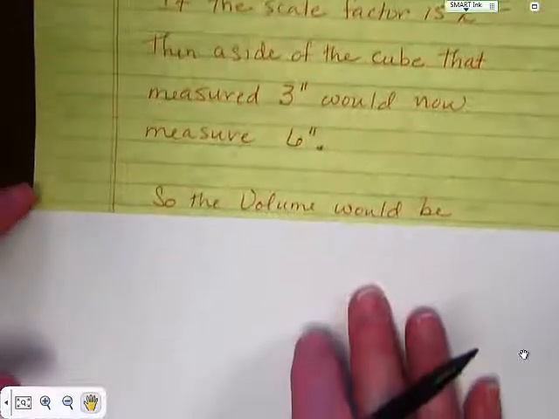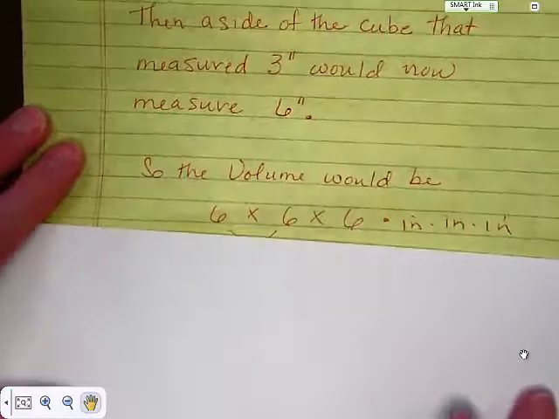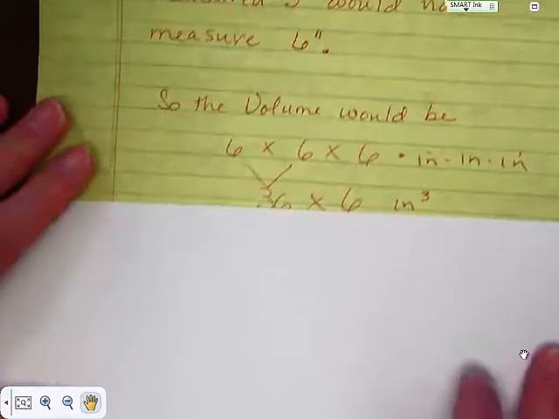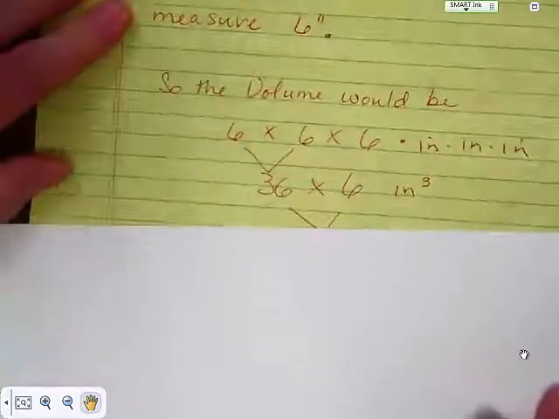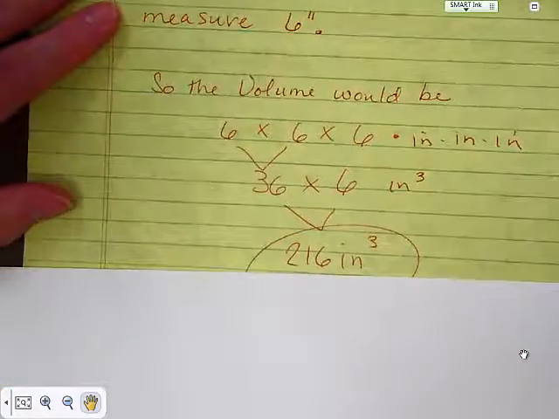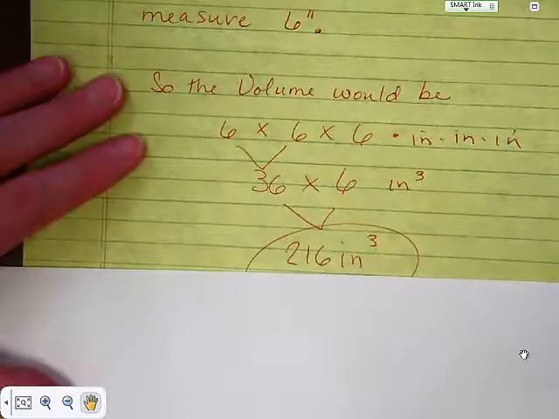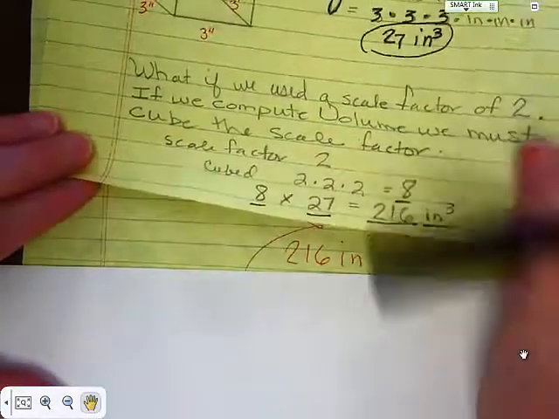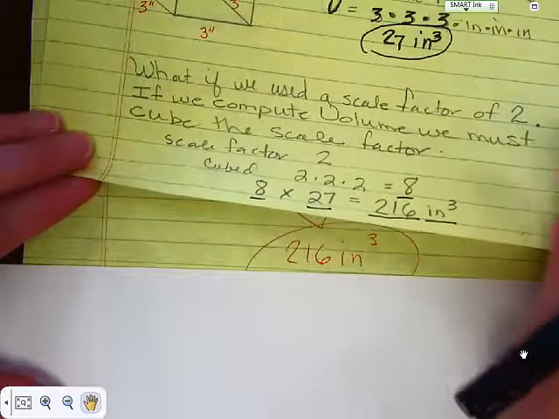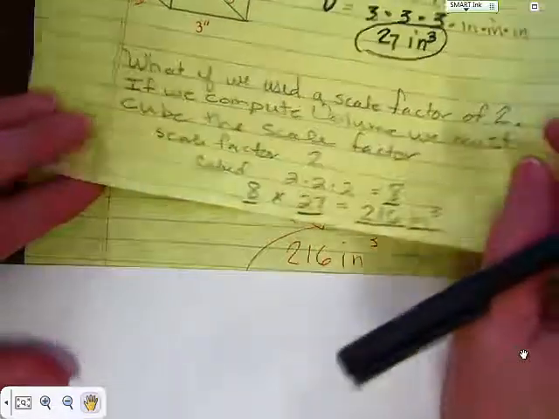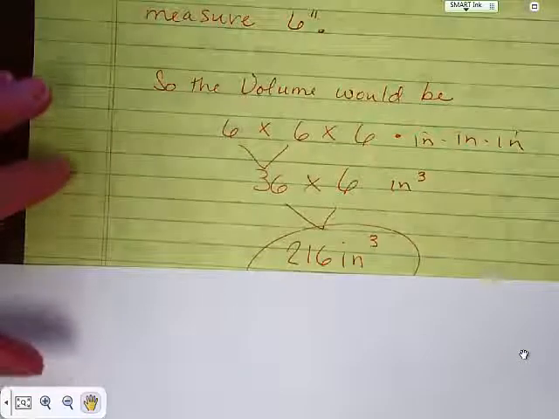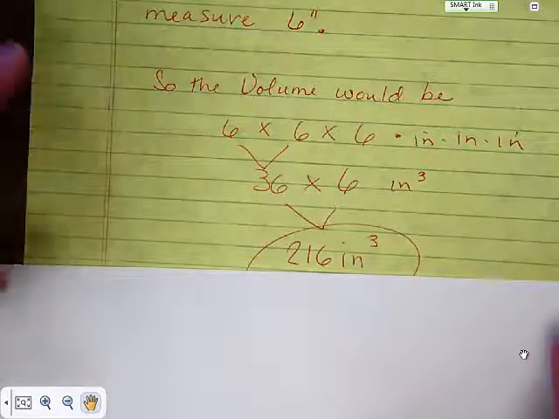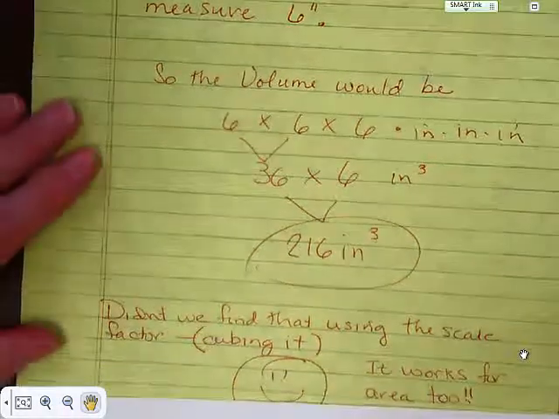The volume of that cube would be 6 times 6, which is 36, times 6, which is 216 inches cubed. Wasn't that what we got this way too? So you can do it either way. You can redraw it and figure out the dimensions, or you can simply cube the scale factor and multiply it by the original, and you'll have your answer.